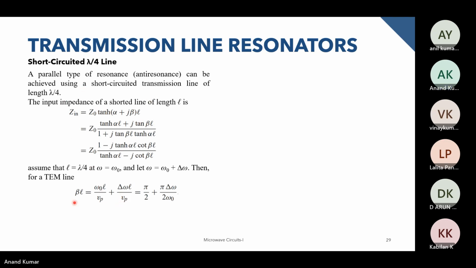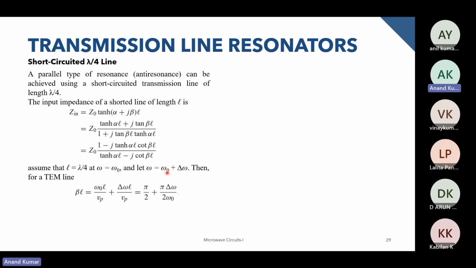Again we calculate the beta L value at lambda by 4, which is at omega naught, and we substitute omega as omega naught plus delta omega.